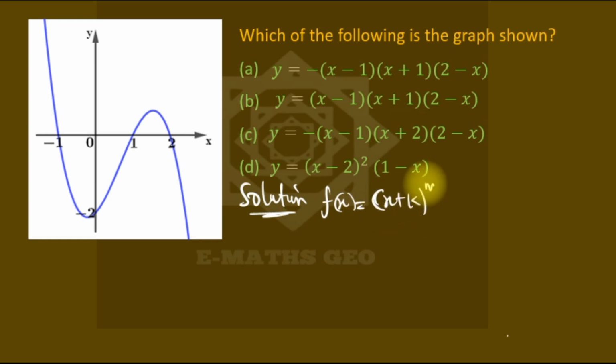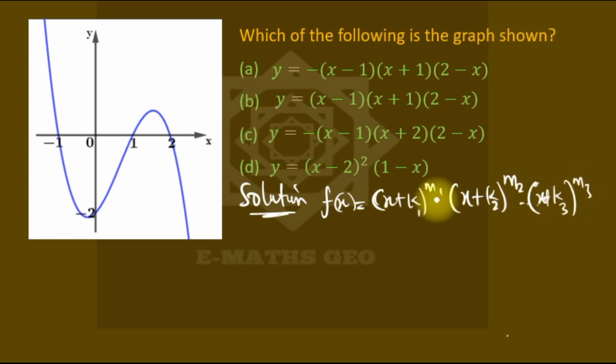times (x plus k2) raised to power m2, till maybe any, okay, let's just use 3, (x plus k3) raised to power m3.